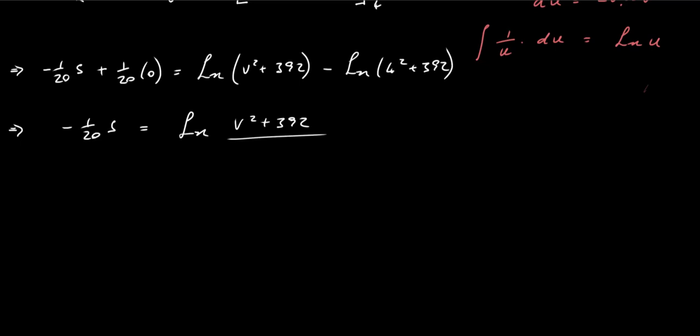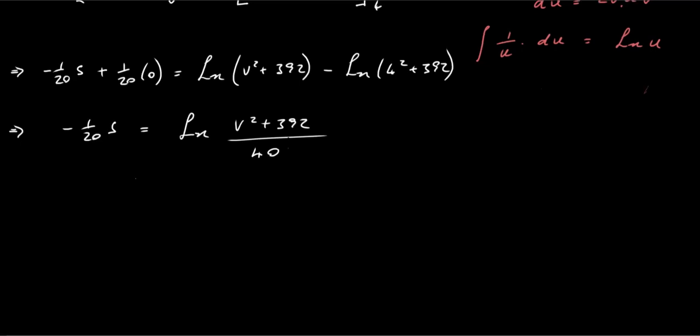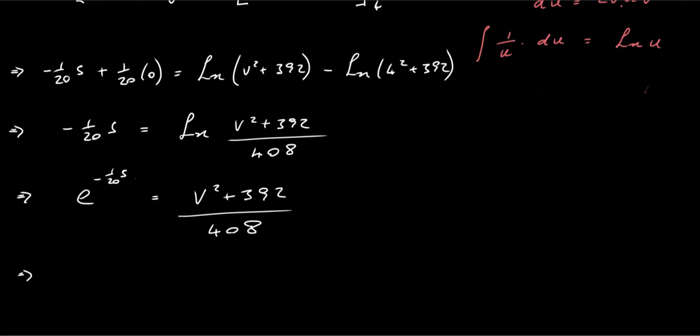Add that to 392, and you will get 408. So what I'm going to do next is just convert this from log form to index form. So we end up with e to the power minus 1 over 20 s is equal to v squared plus 392 over 408. So I'm going to multiply across by 408.